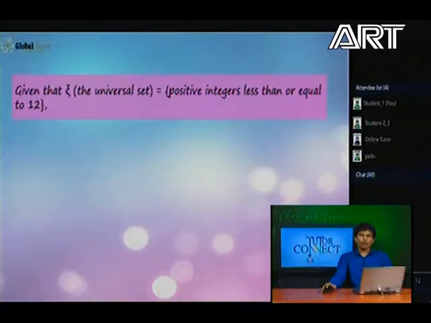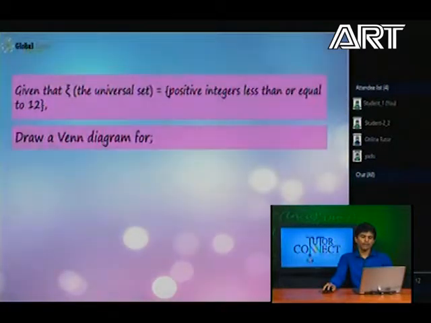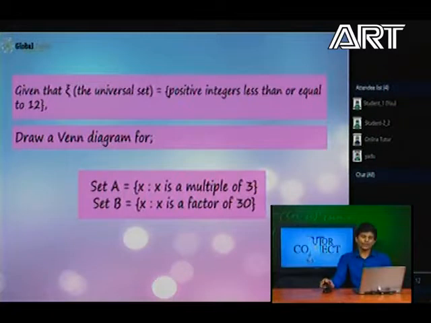Let us now move on to a small example. Given that the universal set equals positive integers less than or equal to 12, we should now draw a Venn diagram for set A, which is x is a multiple of 3, and set B, which is x is a factor of 30.